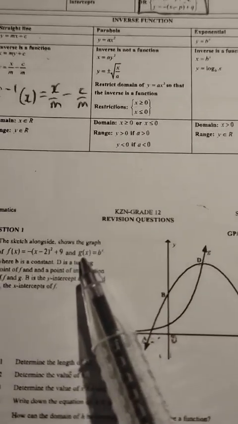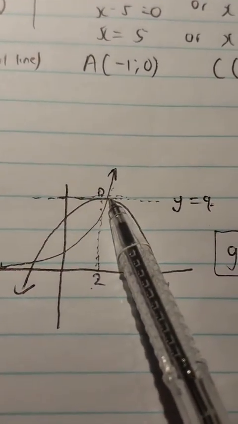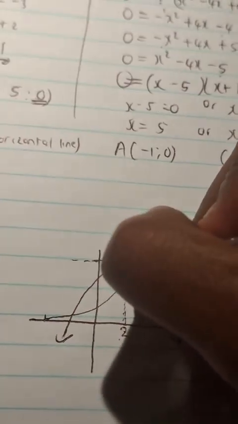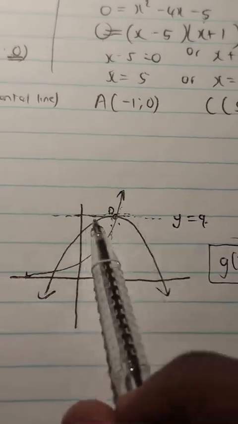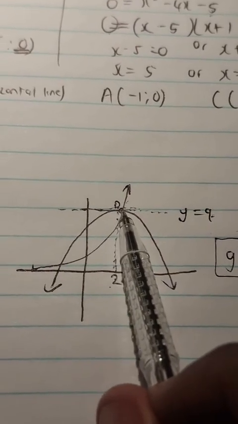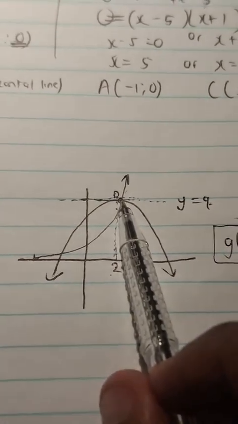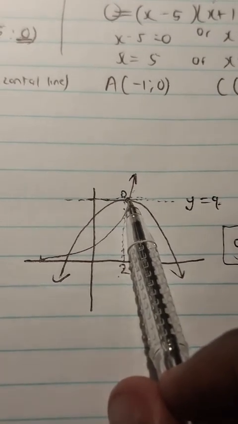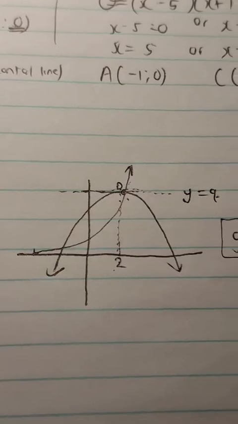They are talking about the exponential function. Here is the exponential function. We know that D, where y is equal to 9, is a point this exponential function also passes through.